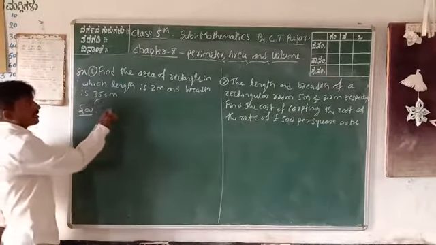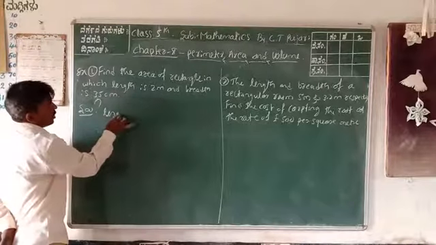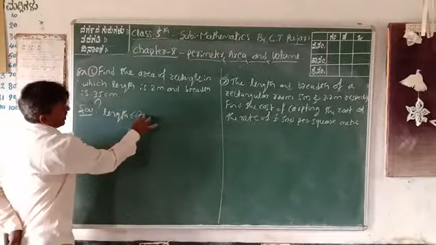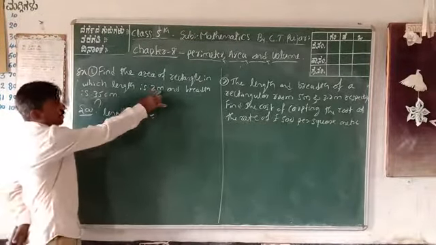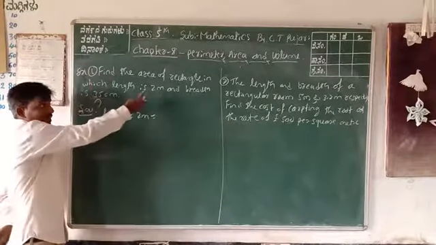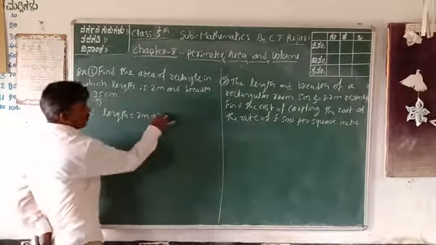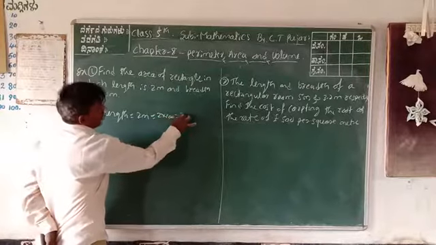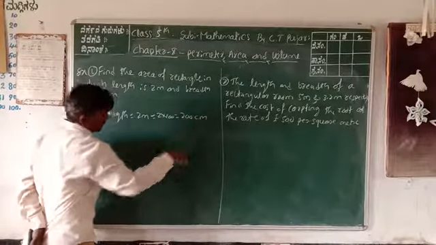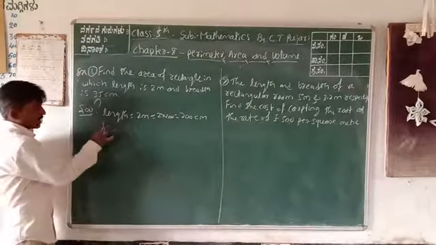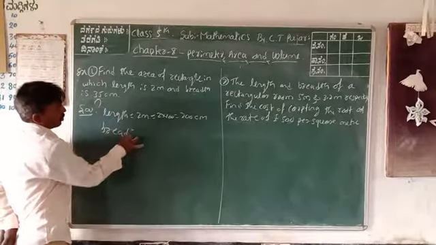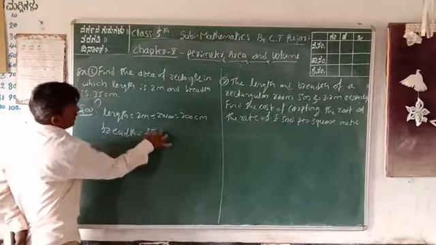Length is equal to 2 meters. But one is in meters, one is in centimeters. You can convert meters to centimeters. Therefore, 2 into 100 is equal to 200 centimeters. This is converted. Next, breadth is equal to 35 centimeters.